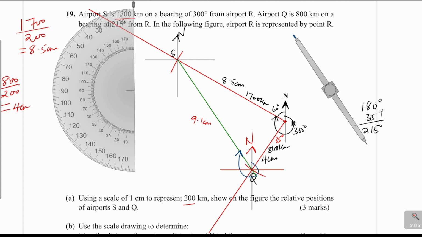We said you measure true bearing from the north in a clockwise direction. So in short, to simplify this, you can simply get 360 and then you subtract this angle that is here. So 360 subtract that. So let me measure that angle, the small angle that is there.